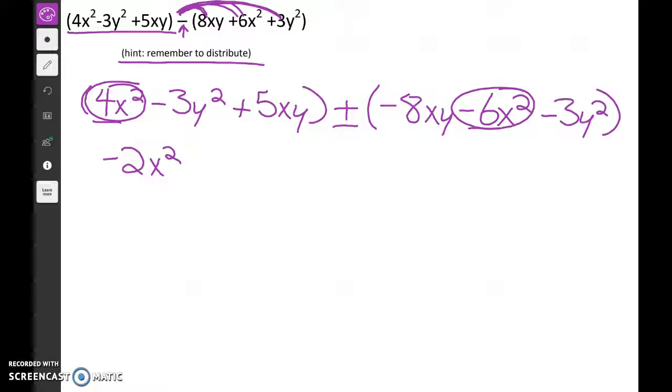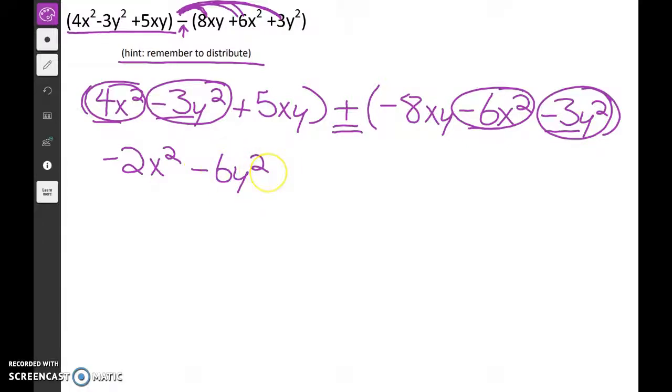Next, I want to find my y squares. So to find my y squares, I look at my other side and notice that I also have y squares. So here I have negative 3 plus negative 3. So negative 3 plus negative 3 is negative 6y squared.